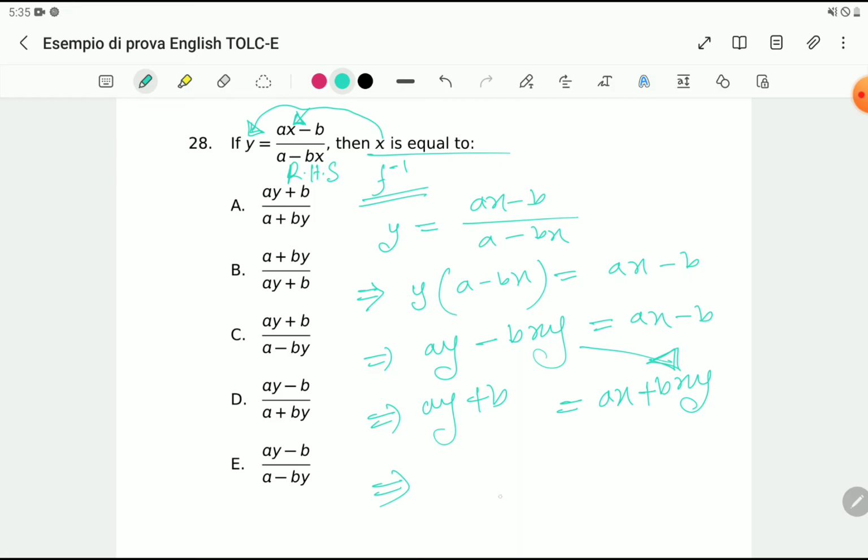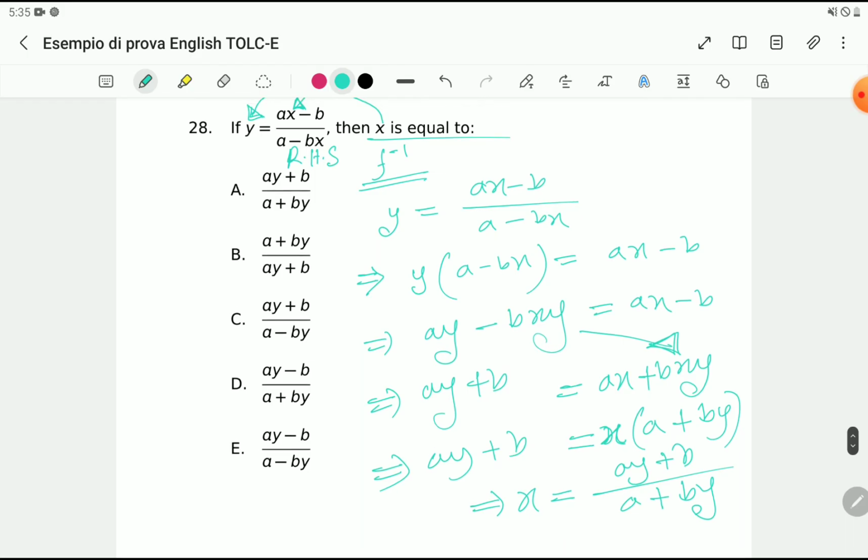Now if we take the common factor from these two terms, it becomes x times (a plus by). Therefore we can write x equals (ay plus b) divided by (a plus by). So our answer is a.